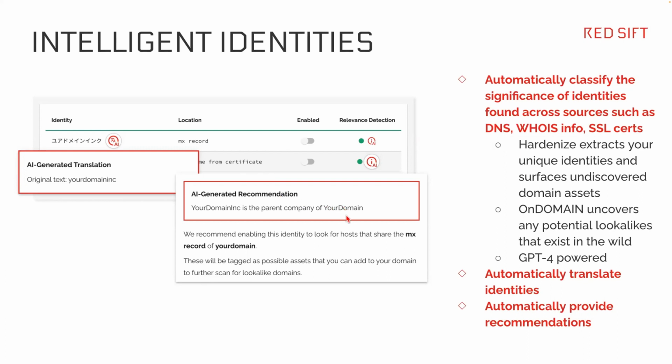And they're automatically generated and classified from the identities that are out here. So just to say that again, we're looking across DNS, whois info, SSL certificates, and other things. And between hard eyes and on domain, we're finding those identities for you. You don't have to piece through those to get to them.